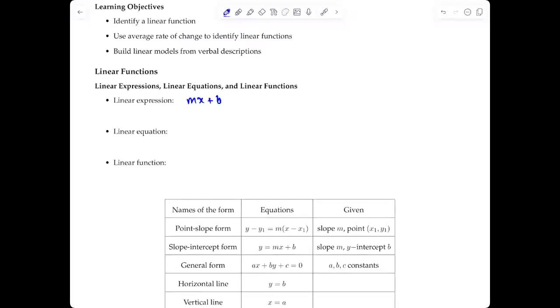But we need to impose one condition here, that m is different from 0. If m is equal to 0, you only have b, and that is just a constant, no longer a linear expression. Now you take mx plus b and set it equal to 0, and you have a linear equation.